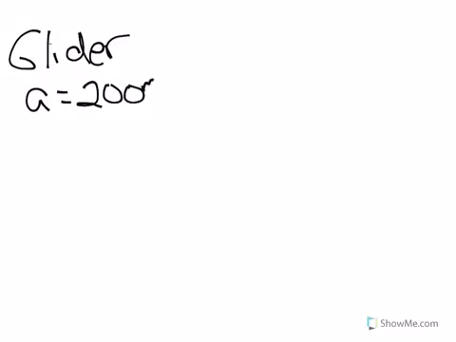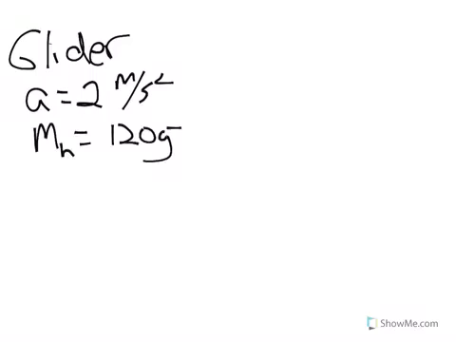So the glider problem was our next one, and on that one, we collected acceleration. Let's just say in this case it's 2 meters per second squared. We collected the mass on the hanger, which was, let's say in this case, 120 grams, or 0.12 kilograms.